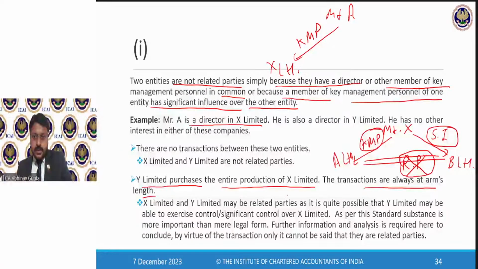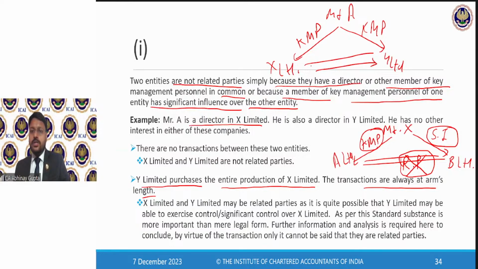And he is also a director in Y Limited, so he is also a KMP in Y Limited. Now, because Mr. A is a common KMP of X Limited and Y Limited, are X Limited and Y Limited related to each other? No, right? So they are not related to each other.